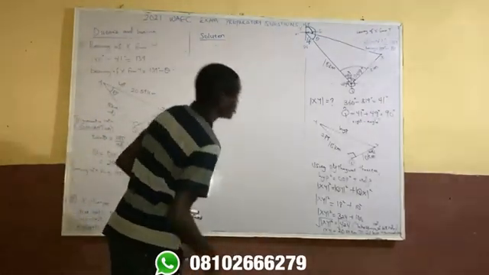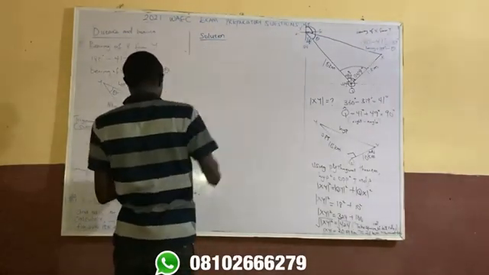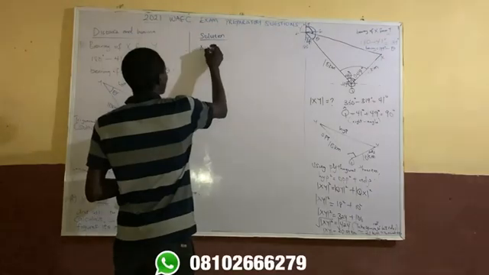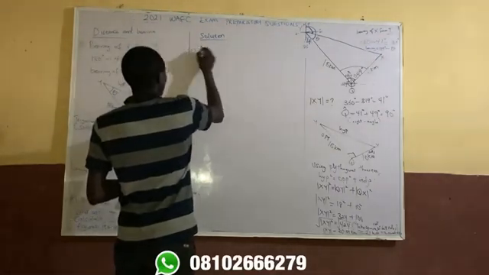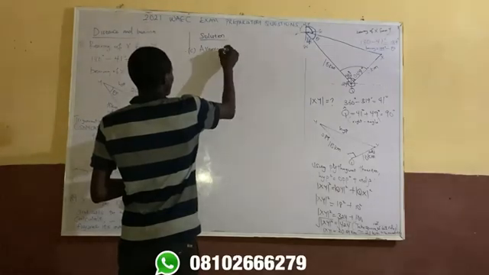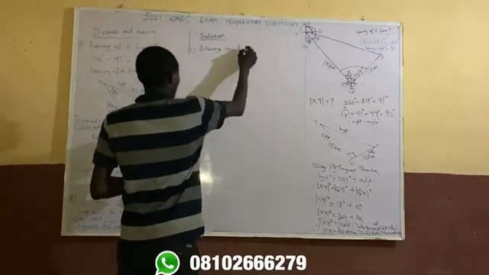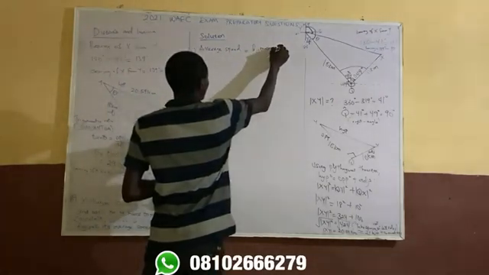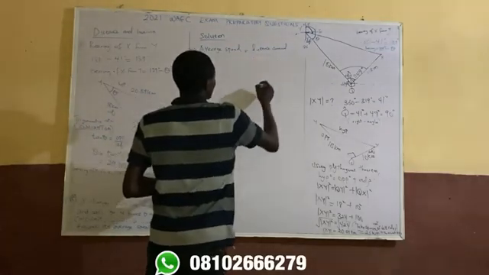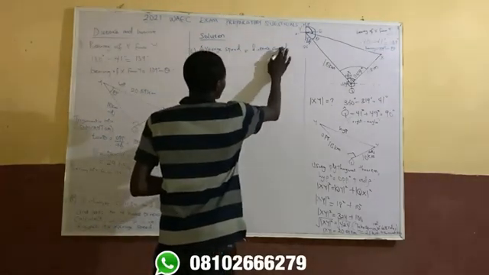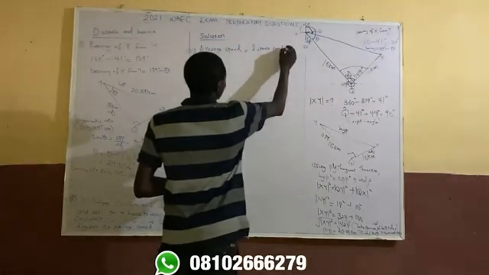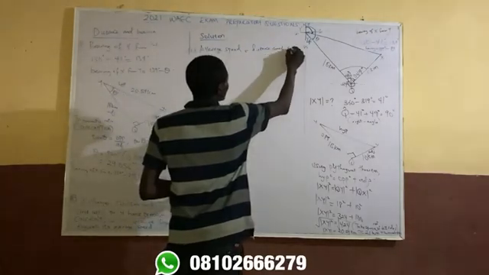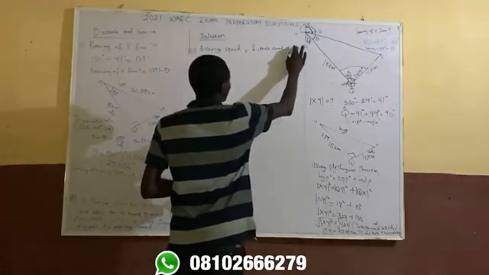And how do you get that? The average speed is given as distance covered between x and y, over the time taken.